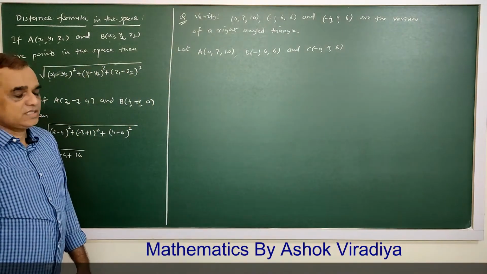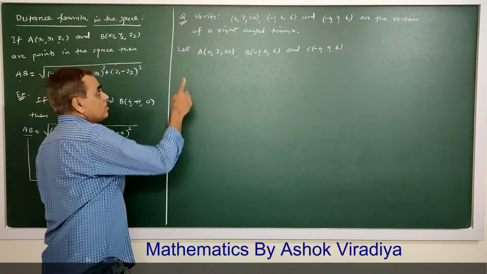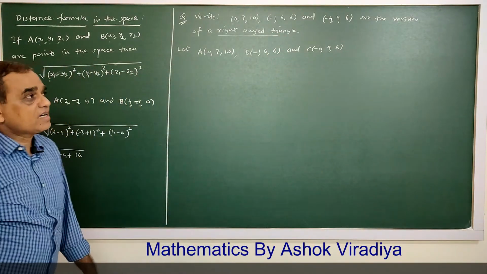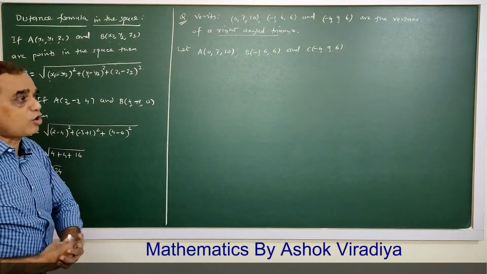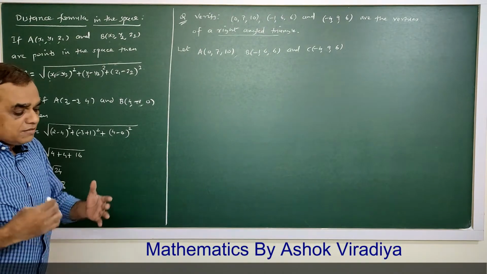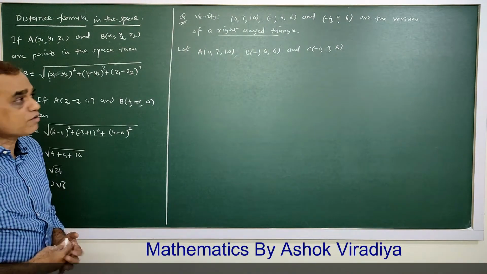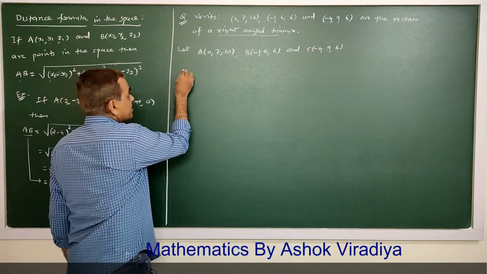A, B, C. Now to check whether they are vertices of a right angle triangle or not, we use the Pythagoras theorem, for which we find distances.